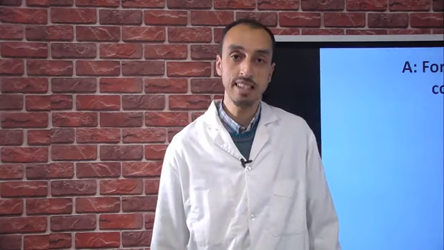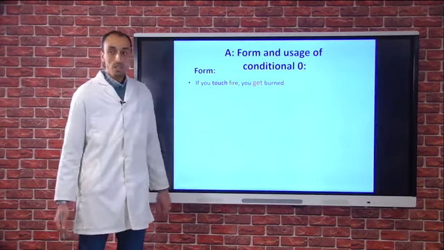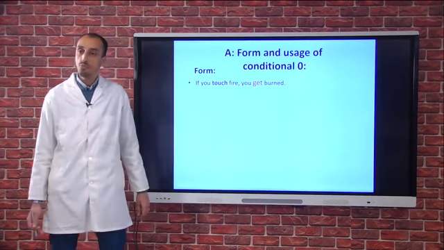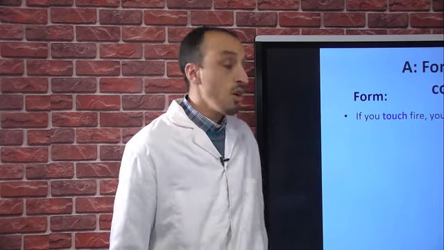So, first of all, let's revise the form and usage of conditional type 0. Let's start with the first example. If you touch fire, you get burned. So, how many clauses are there in this conditional sentence?